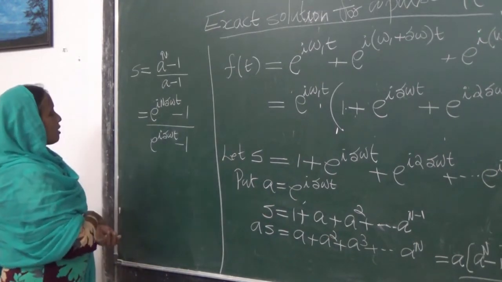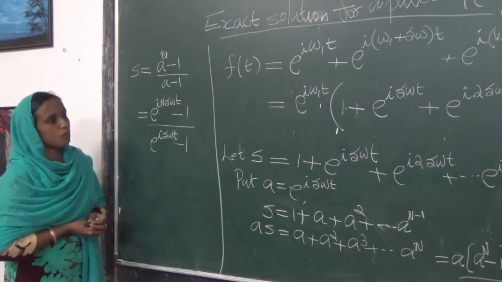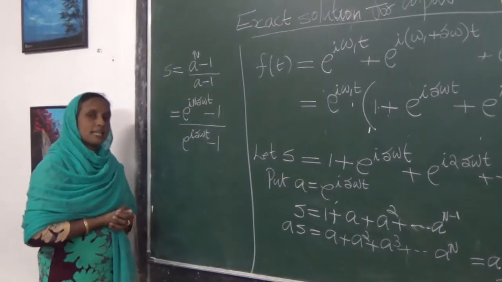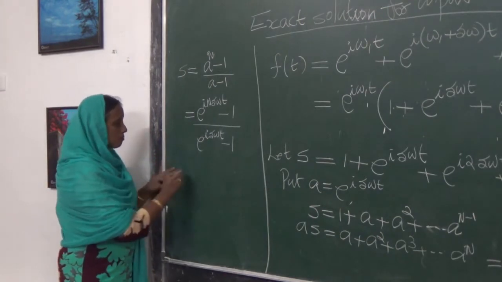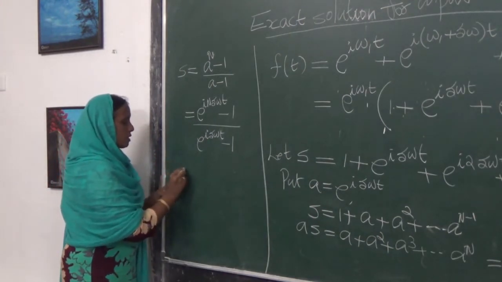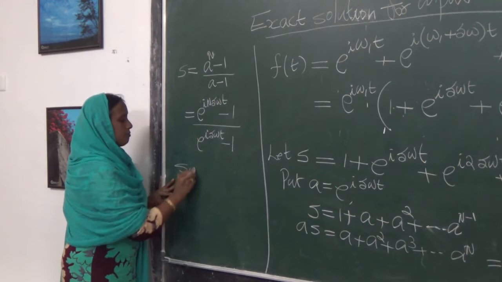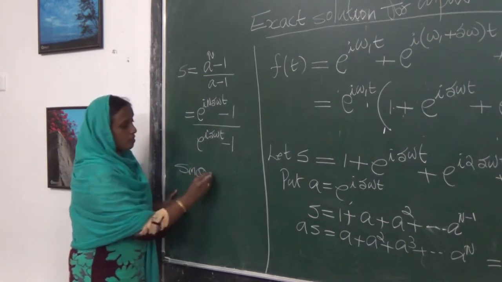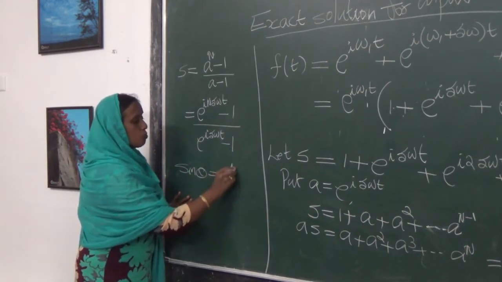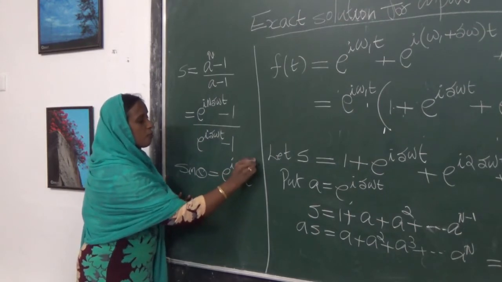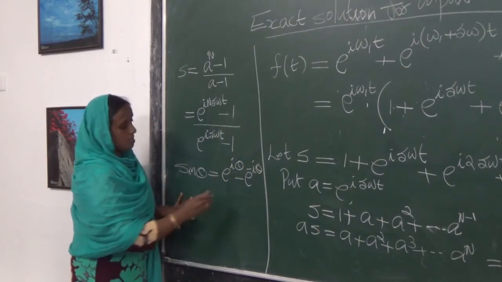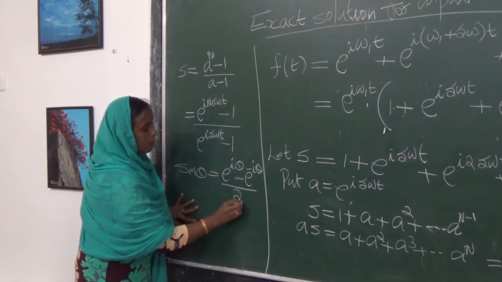For that, I think all of you know the expressions for sine theta and cos theta. Sine theta equals e raised to i theta minus e raised to minus i theta divided by 2i.